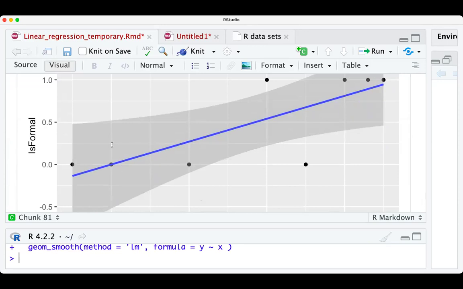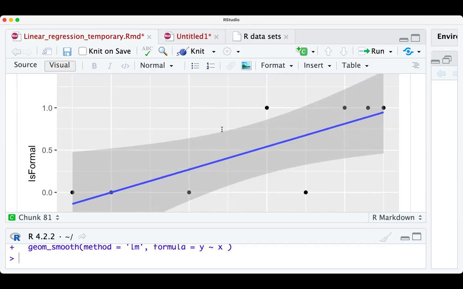This shaded area is the error: since there is very little data, the regression line has some uncertainty. We obtain this line, but if we have more data, it will change.